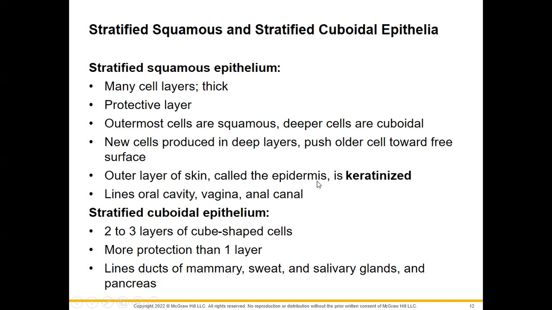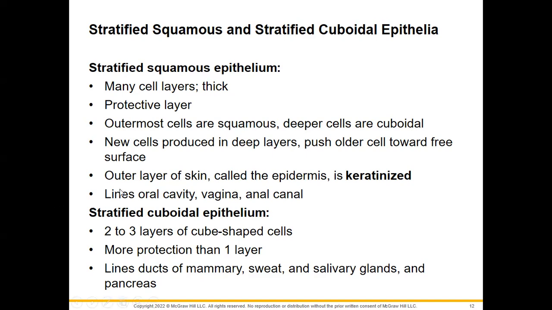So the epidermis is going to be keratinized, meaning that those outer layers of cells are going to have more and more amounts of keratin infused into those cells. Keratin is basically a substance that helps to waterproof and protect those cell layers. So when we touch our skin, we are actually touching cells that have been filled with keratin so that our skin is waterproof.